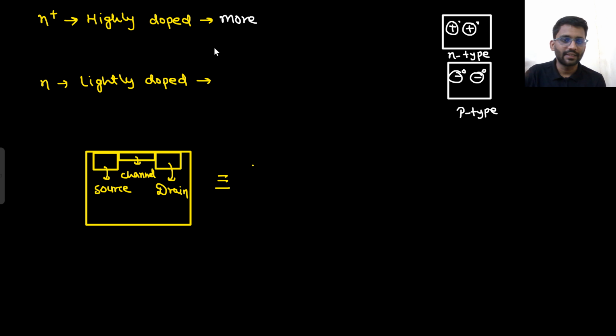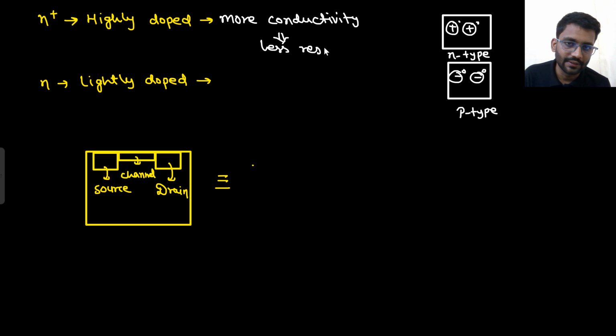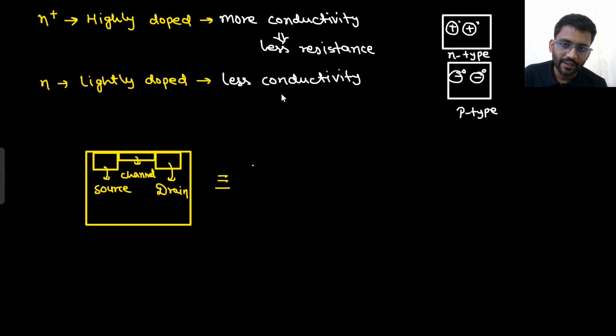So N plus means highly doped, that means more conductivity. More conductivity means lesser resistance. And N is lightly doped. Lightly doped means less conductivity, that means more resistance.